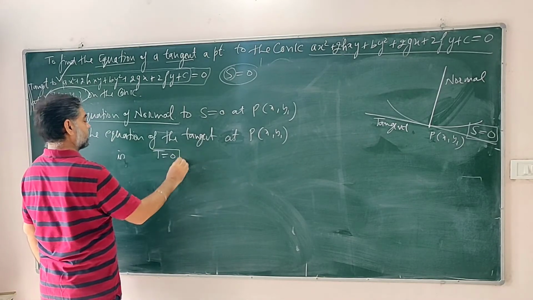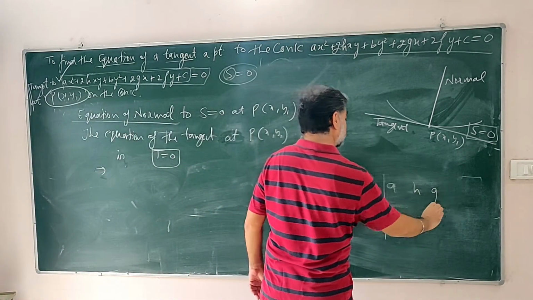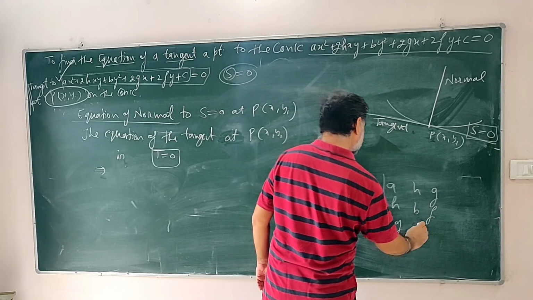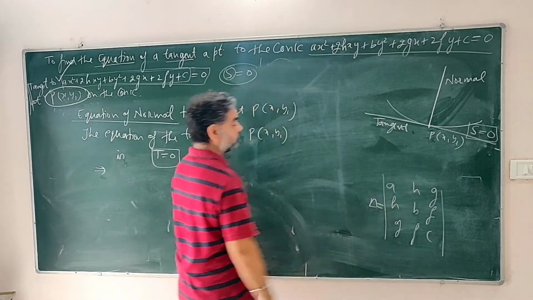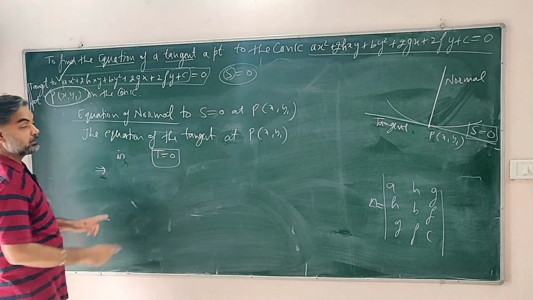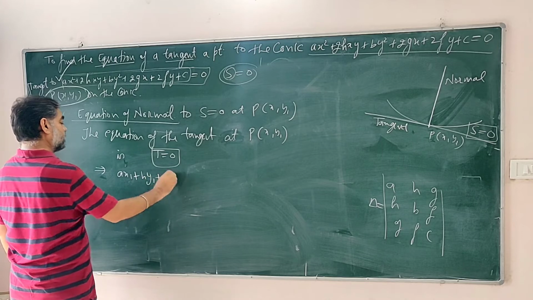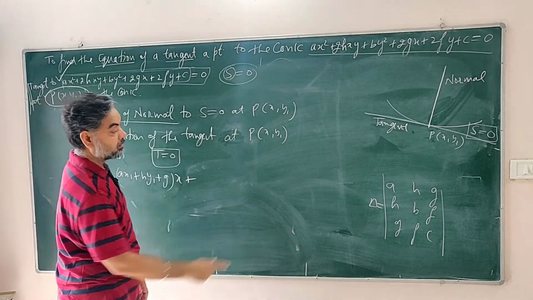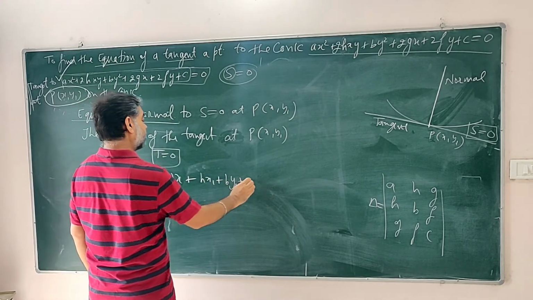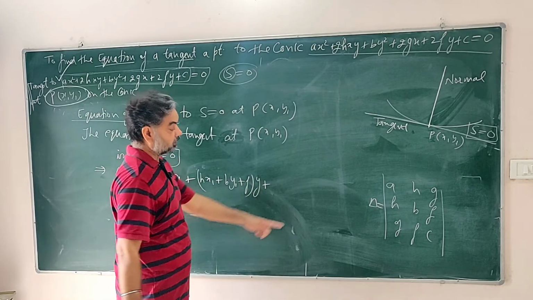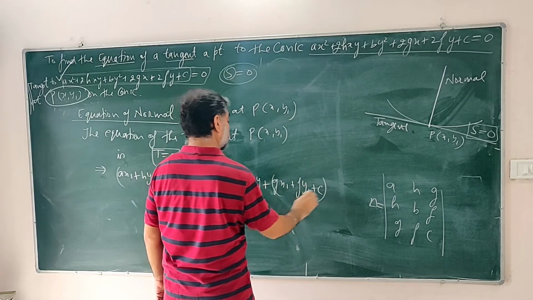We use the three rows of the determinant delta to write the tangent: (Ax1 plus Hy1 plus G) into x, plus (Hx1 plus By1 plus F) into y, plus (Gx1 plus Fy1 plus C) equal to 0.